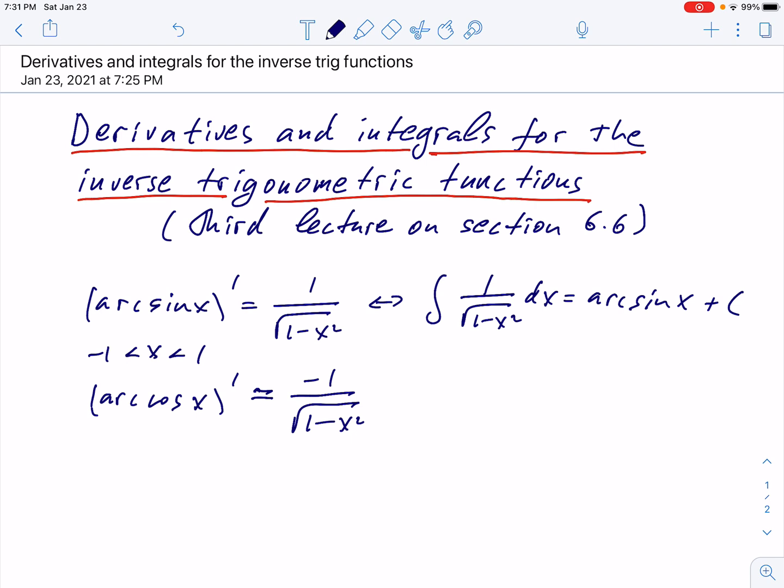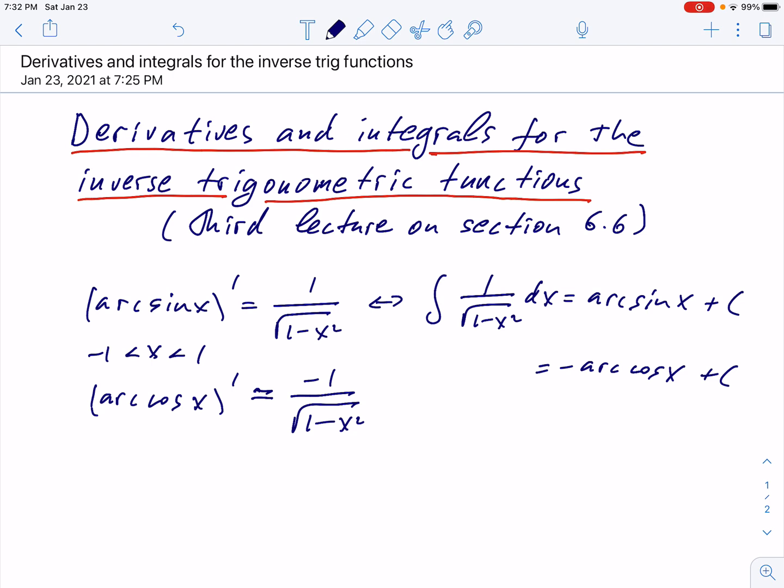And when we evaluate the integral on the right side, sometimes we can evaluate this like negative arc cosine if for some reason we want. We can evaluate this integral by writing negative arc cosine x plus c. Usually we use arc sine.